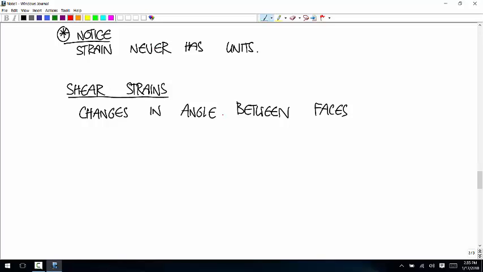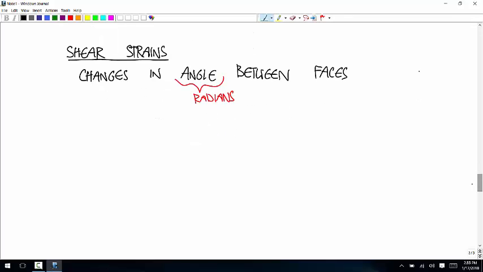And we're going to use angles in radians. So if you start out with a rectangular shape, before the deformation, each of these angles is pi over 2.